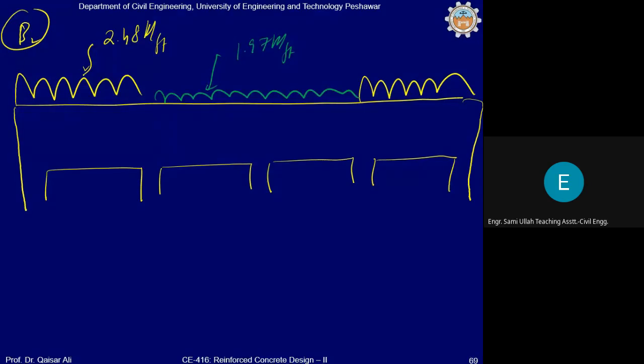Now coming to the load acting on the beams running along the shorter direction. Okay.